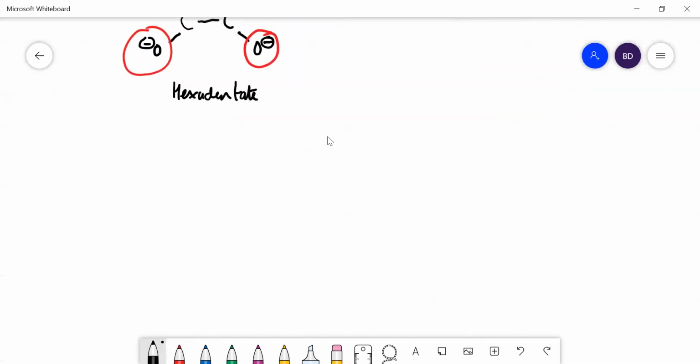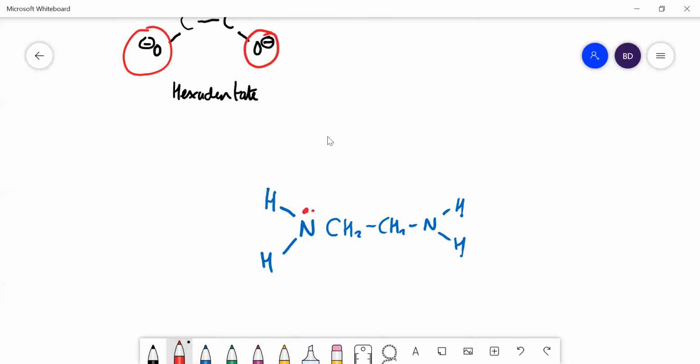So if you start off with diaminoethane here, that would be diaminoethane, and the lone pair on each nitrogen can form a dative bond.